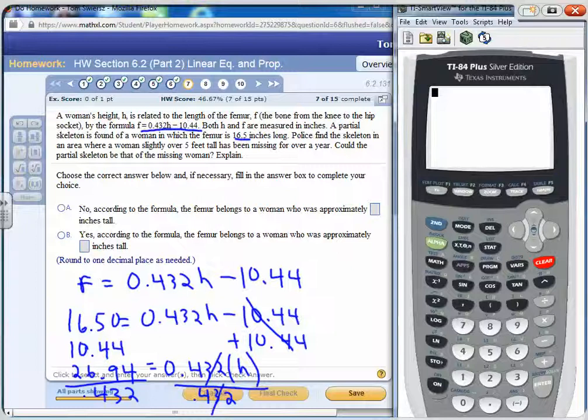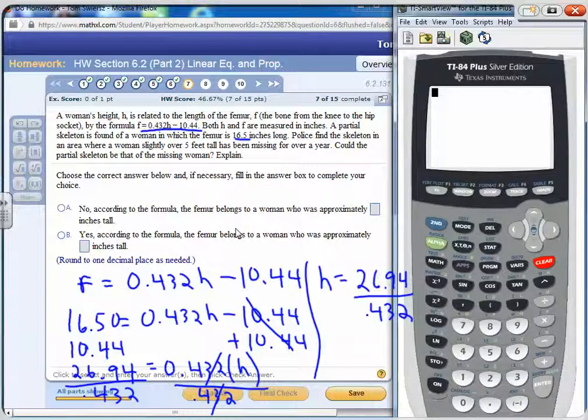Okay, so then these will cancel and we'll get h is equal to 26.94 divided by 0.432.